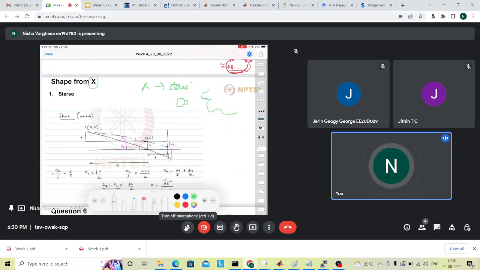The first picture will be taken at this position. Then we'll shift that camera to another position. The world stays at the same position, but we are capturing from here.